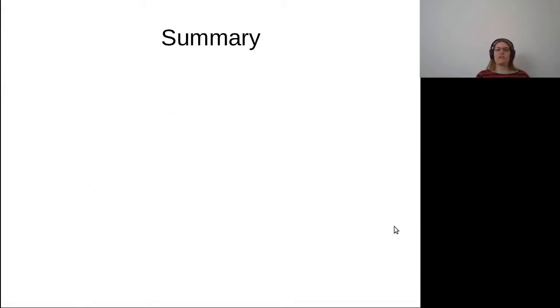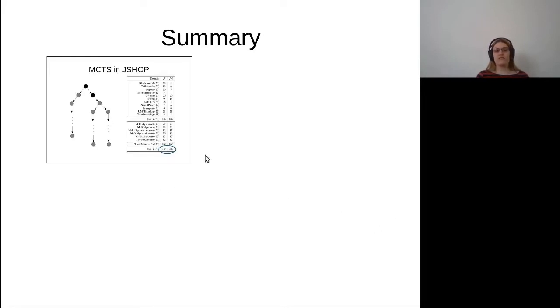So let's give a short summary. We implemented Monte Carlo tree search in JSHOP and found that the basic Monte Carlo tree search is still outperformed soundly by the simple depth first search that JSHOP does.